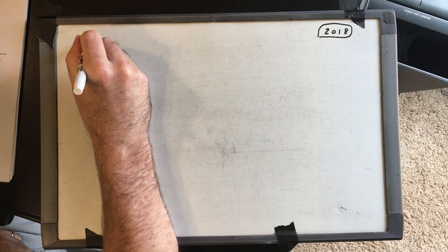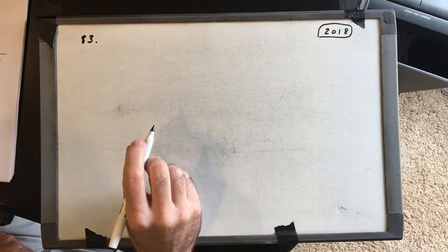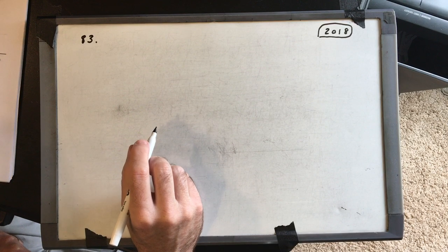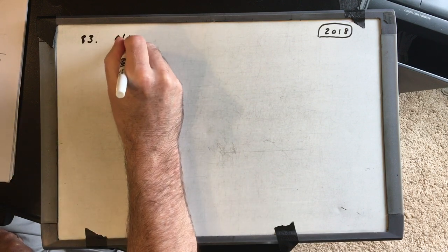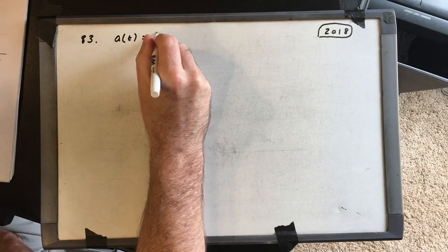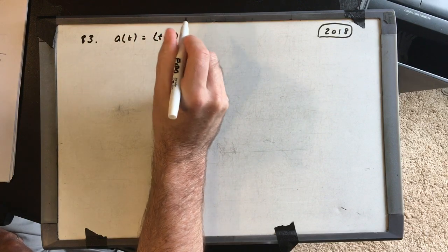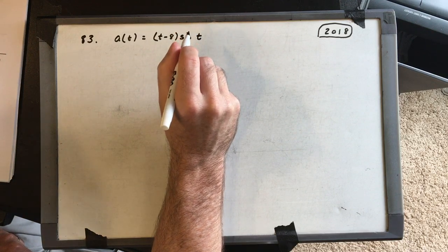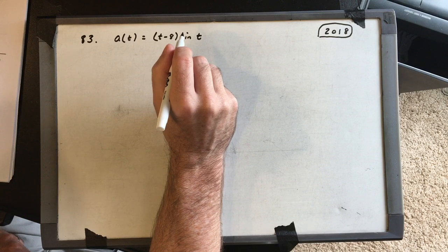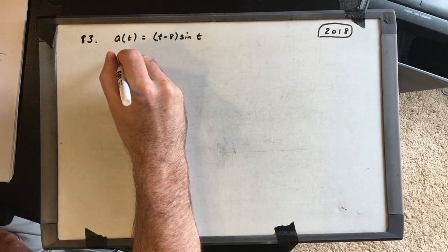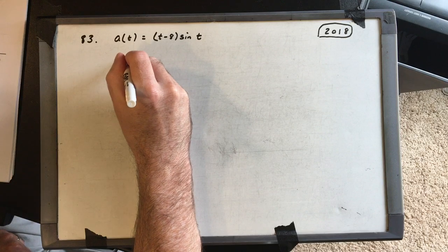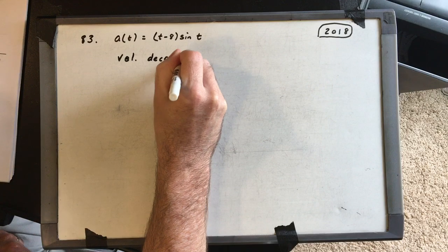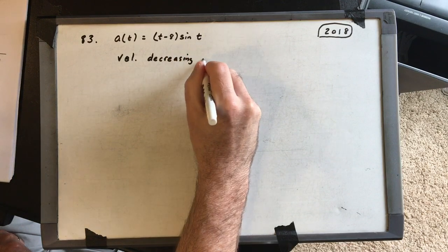83. It says the acceleration of a particle moving along the x-axis is given by a of t is equal to t minus 8 times the sine of t. At what value of t is the particle's velocity decreasing most rapidly?